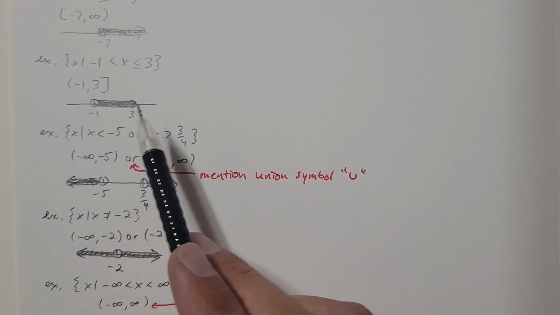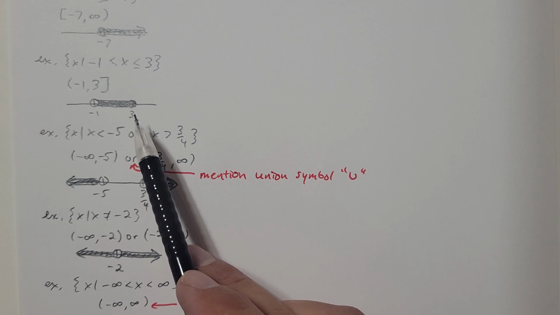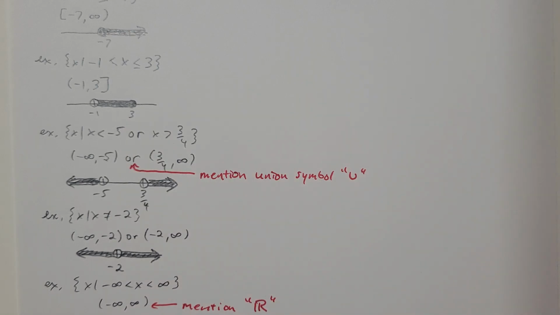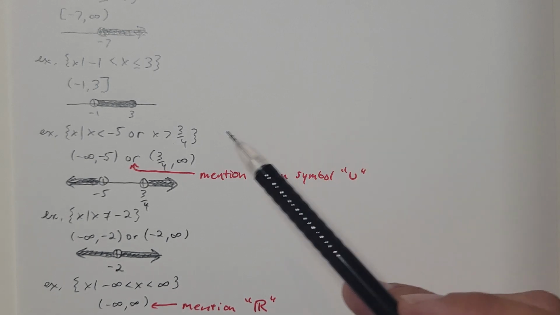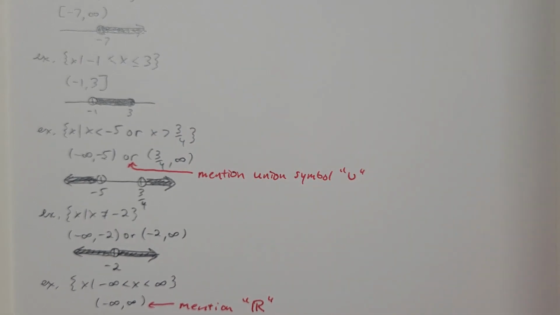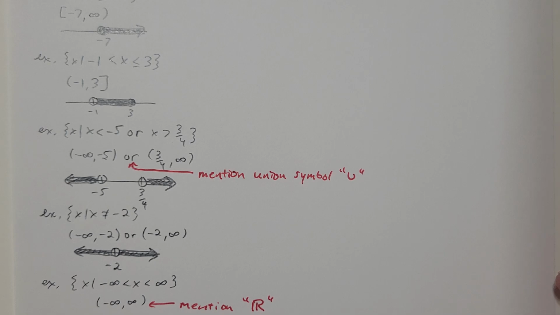And on the number line, here I am at -1, and then I go over to the right and mark out 3. We want a closed circle at 3 because we're including 3. We want an open circle at -1 because we're not including -1. And anything between those two numbers is what we're describing in this group here. So I'd shade between the two circles on the number line.